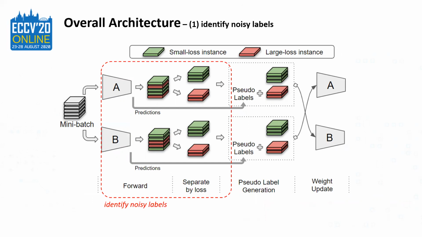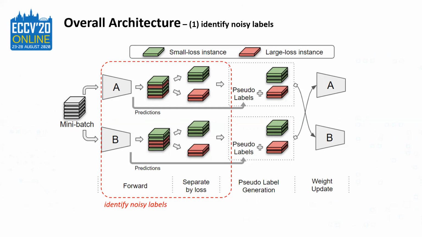We describe this in 3 steps. The first step is to separate the labels. The two models get the same mini-batch and calculate the loss with their respective weights. Then they separate the mini-batch into small loss and large loss instances.